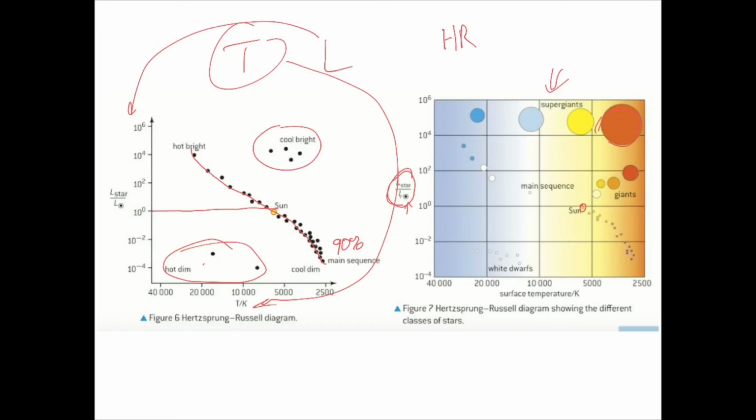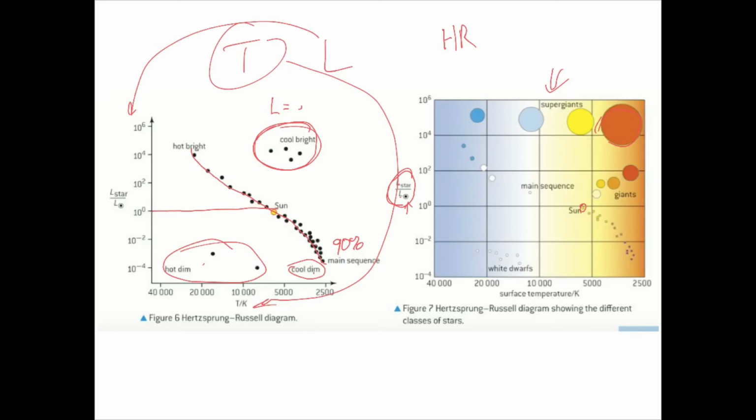Okay, how is it possible that a cool star, think about these cool stars here, how is it possible that these cool stars can be so bright? How could that happen? Well, remember that luminosity depends on two things, right?